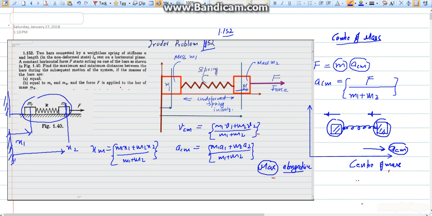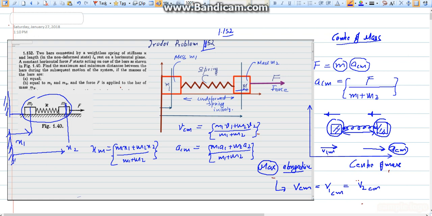At the time of maximum elongation, the spring will behave like a string, because there is no further extension possible. Means at that time, velocity of center of mass would be equal to velocity v1 with respect to center of mass, and v2 with respect to center of mass. Means the center of mass is moving with a certain velocity v center of mass, and they are also moving with the same velocity.